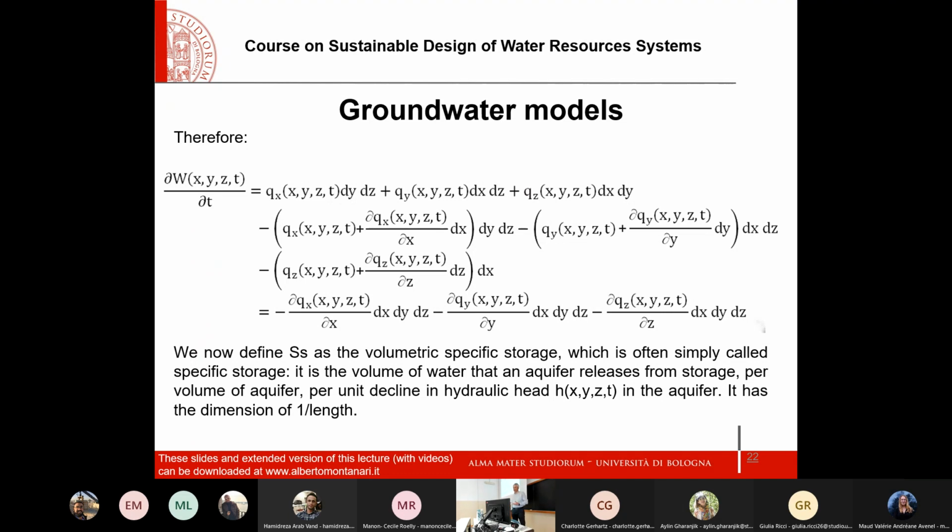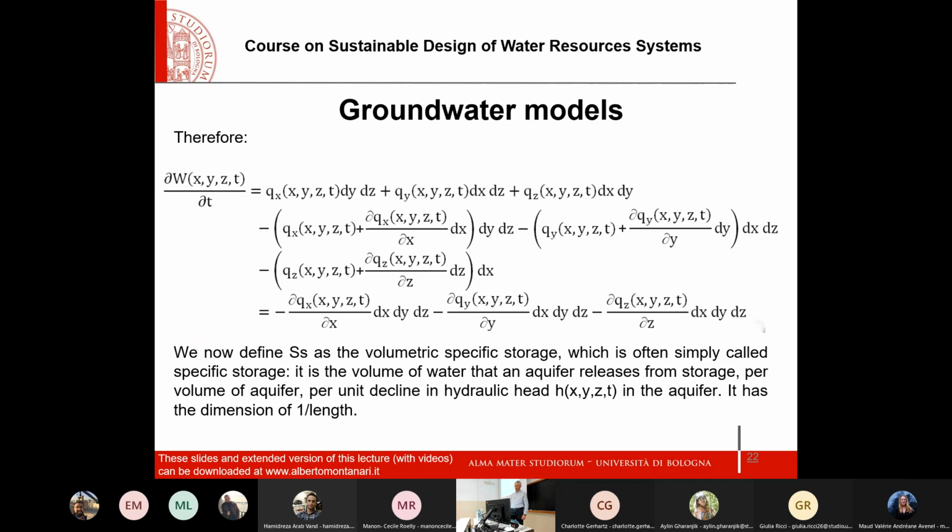I need another equation. Okay, at least another equation. So you can already understand that here at least we have 2 unknowns, which are storage and flow, with only one equation.